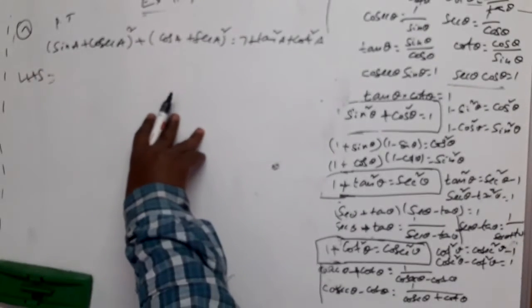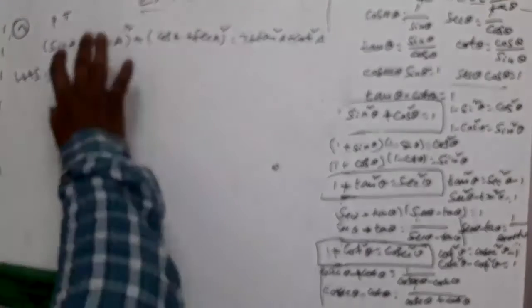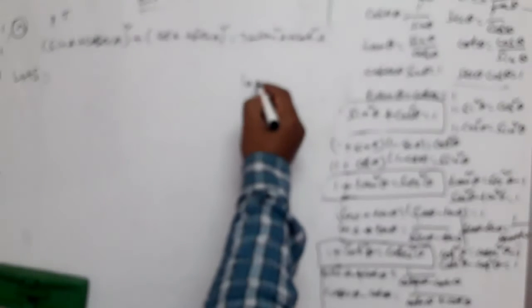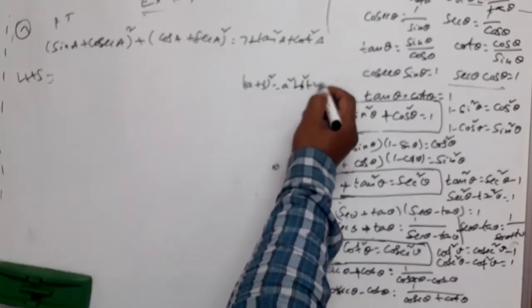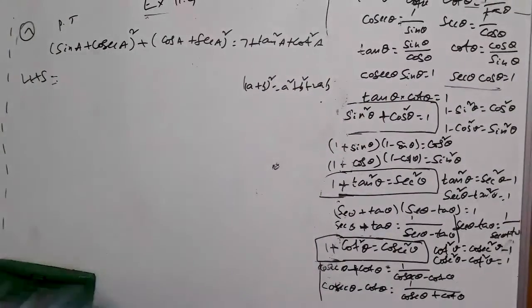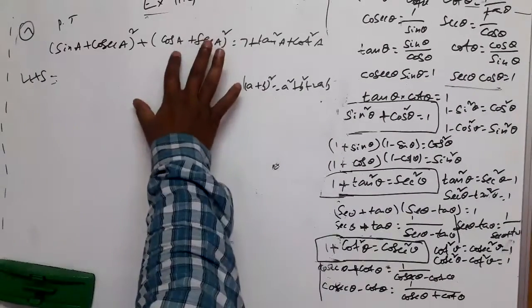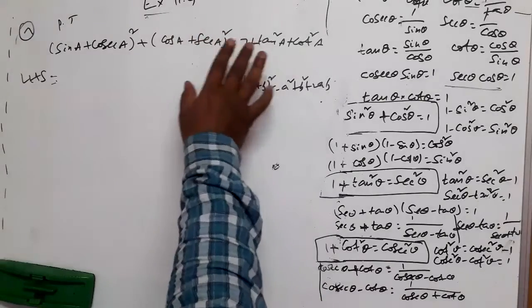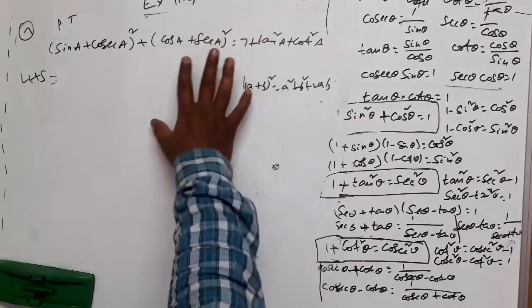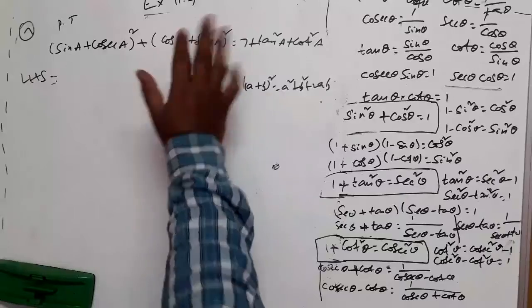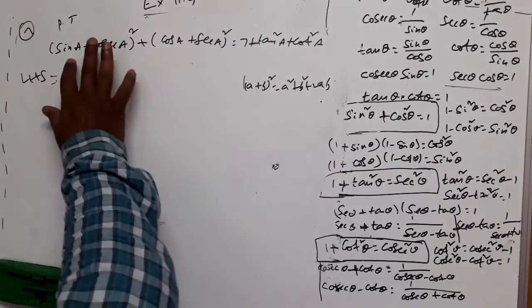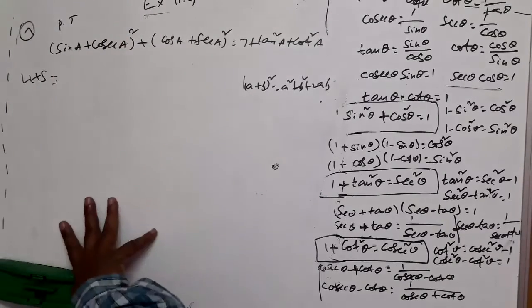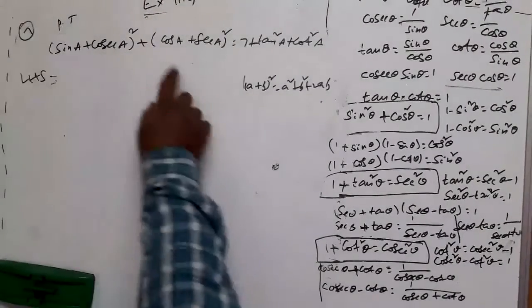Let us proceed further. If you observe, this is of the form a plus b whole square, which is a square plus b square plus 2ab. We know this. This is also of the form a square plus b square plus 2ab. Here sin square is involved, here cos square is involved.